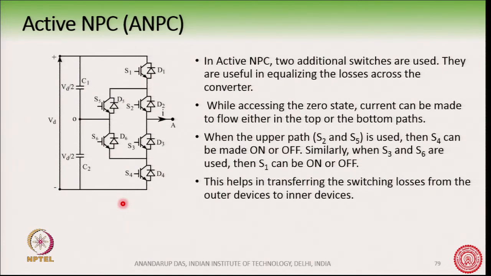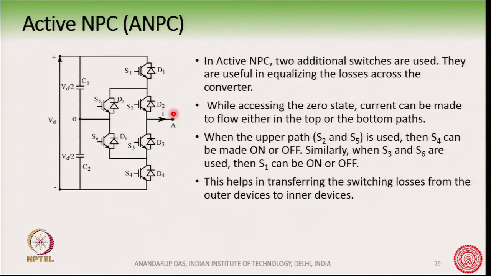Now, again here one thing we observe is that the 0 state can be obtained with this combination. So, the current can flow through the upper path or through the lower path for the 0 state. Okay. For example, if I want to access the 0 state, I will turn on S2 and S5.